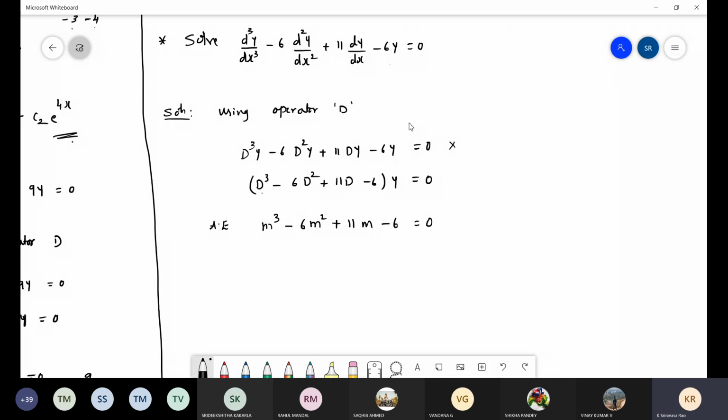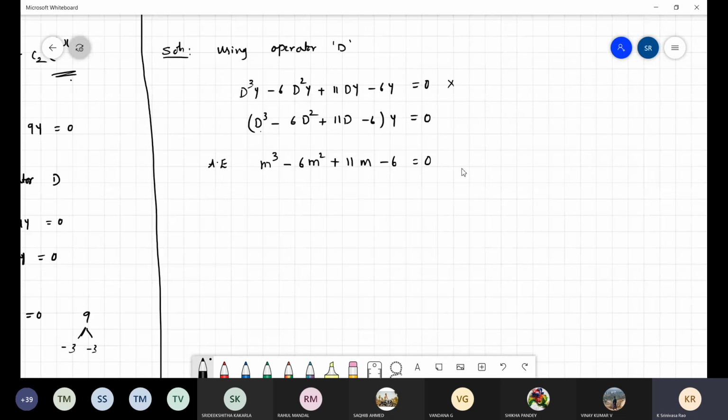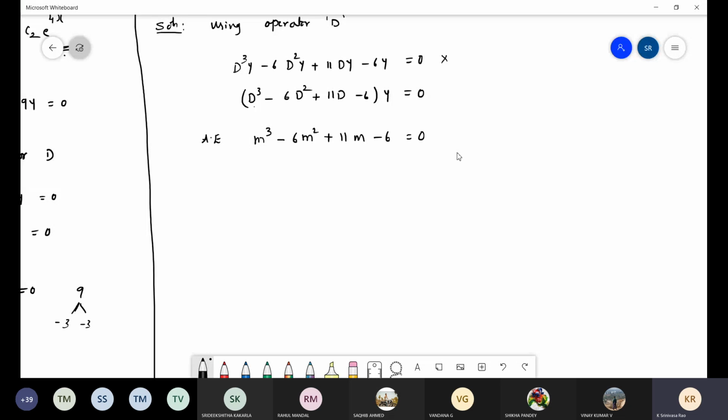What is the degree of this equation? m cube, so 3, and there are 3 roots. It is a cubic equation, not a quadratic, so factorization is not possible now.